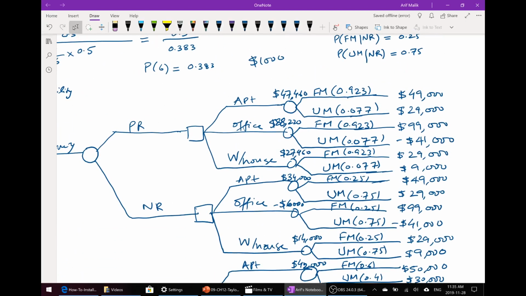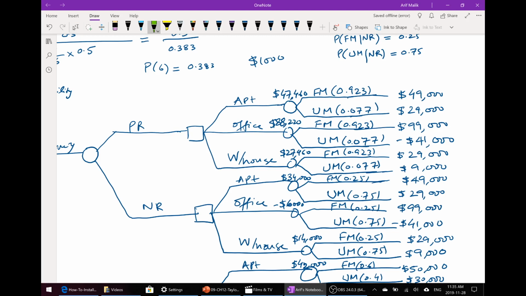Now you can see we have to pick the best alternative in each state coming here. When the positive report is there, then the best alternative is office. So we discard this apartment. Let me use another color, that's green.